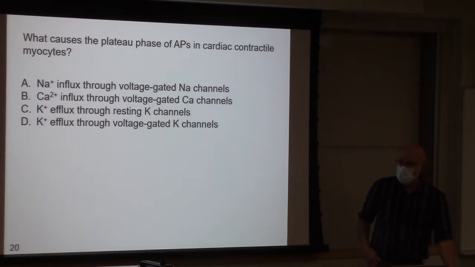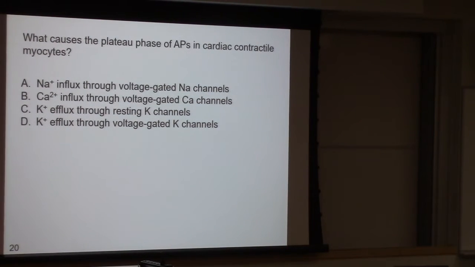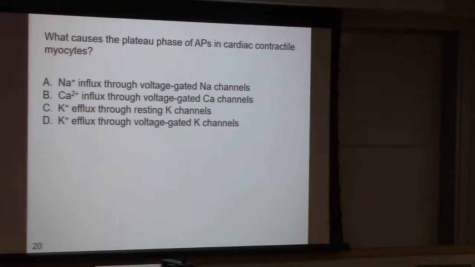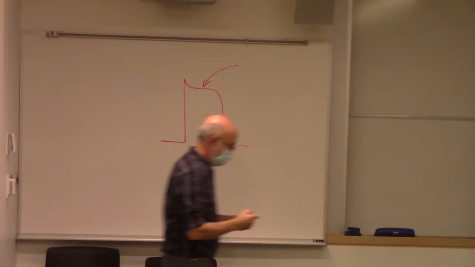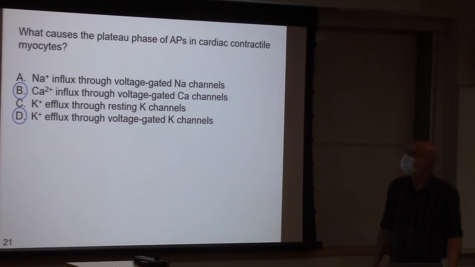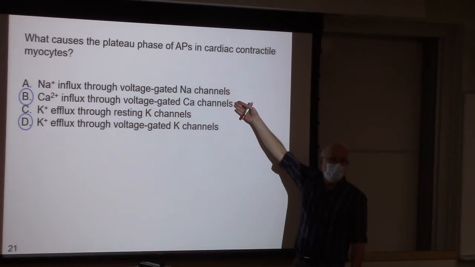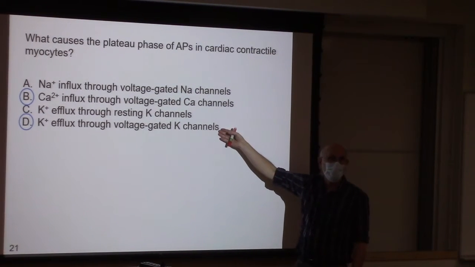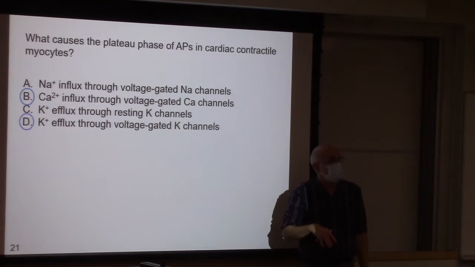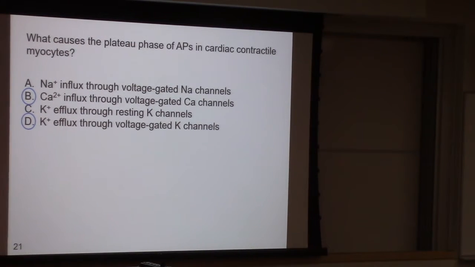Plateau of the action potential in contractile cells. I'm using a word here that I might not have used before. This is the plateau. Why? What causes it? I told you about calcium channels, but I didn't tell you that there's also potassium channels, and so there's calcium influx and potassium efflux going on at the same time during the plateau.